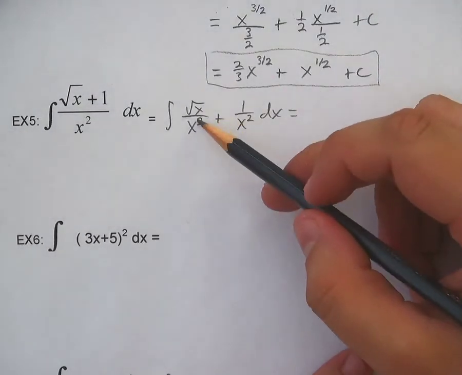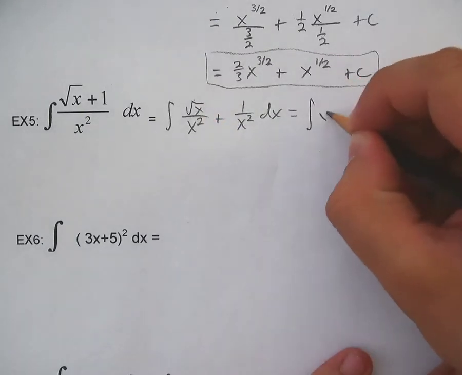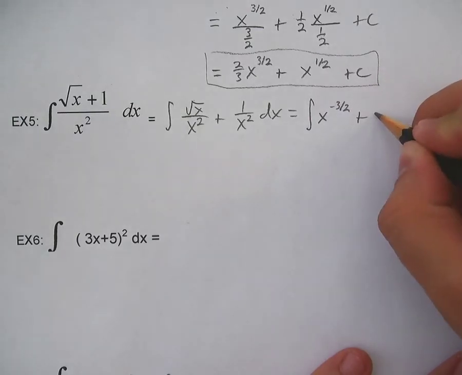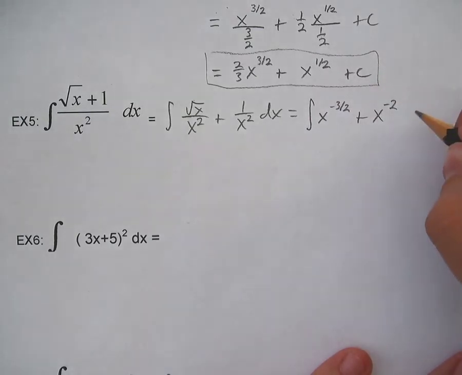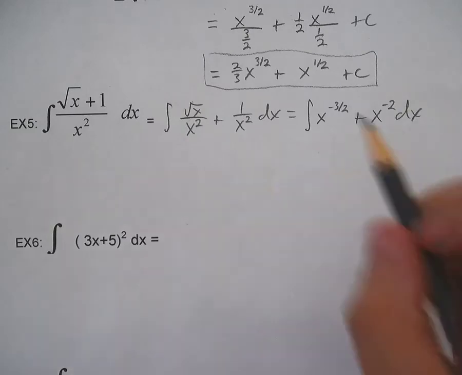So now this is going to be x to the 1/2 minus 2, that's negative 3/2, plus x to the negative 2 dx. And then, simple enough, rewrite it. So we have the integral here.